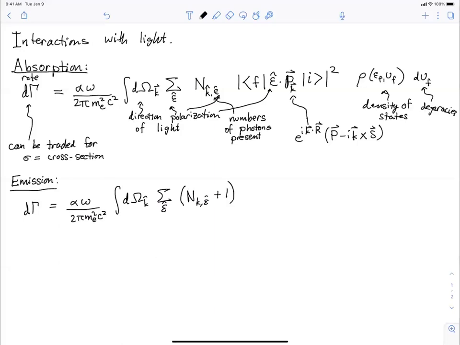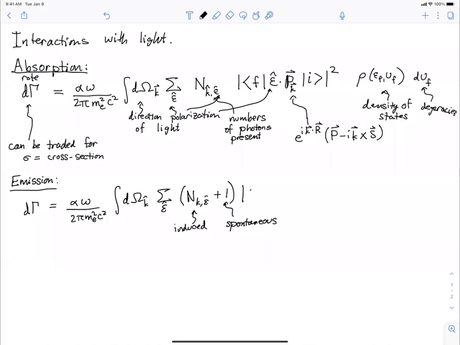The number of photons present contributes to what we called induced emission. It's induced by the photons that are already there. And the plus 1 is spontaneous. That's going to contribute even if there are no photons present. You can have an excited state that emits a photon to go to a lower state just because.